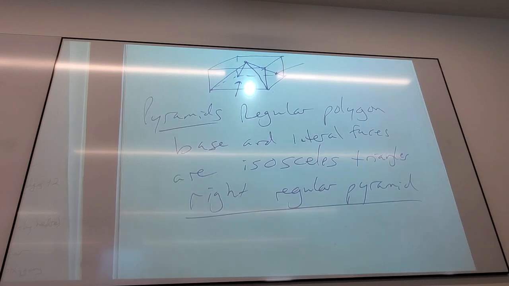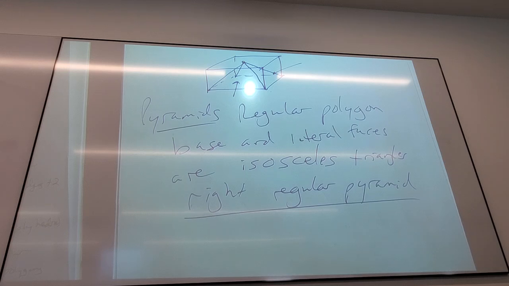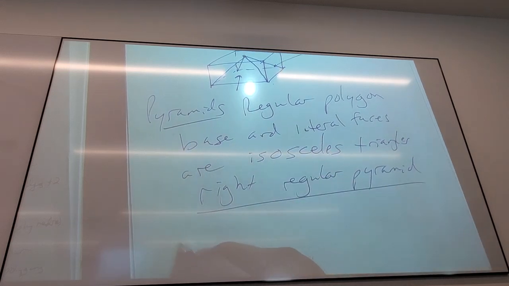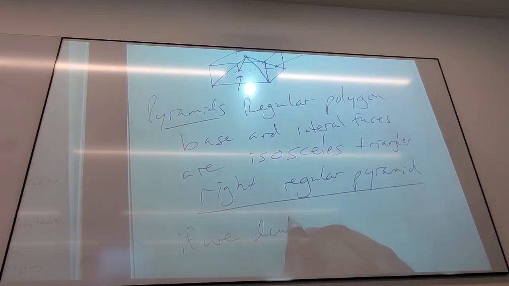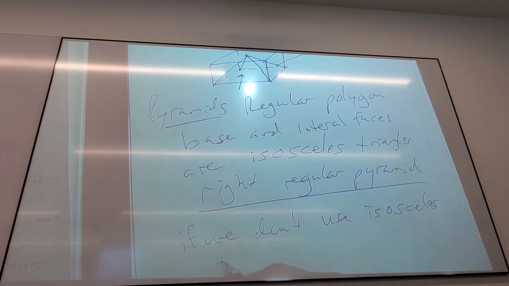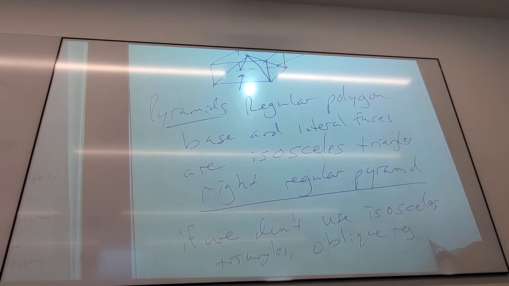That's kind of in keeping with what we said earlier about prisms. If I don't use isosceles triangles, and some other triangle instead, it's called an oblique regular pyramid.